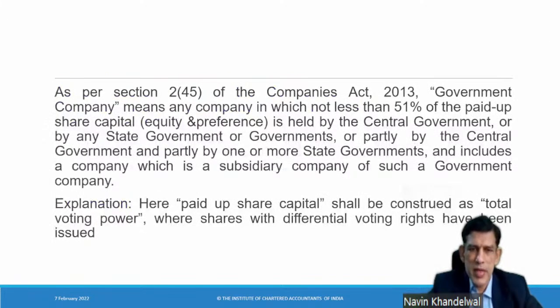So the government companies, friends, we see there are a lot of government companies. If you list down all of them, you'll find hundreds of government companies which have been formed by the government. Yes, there's a basic question which always comes: is the job of the government to do business?